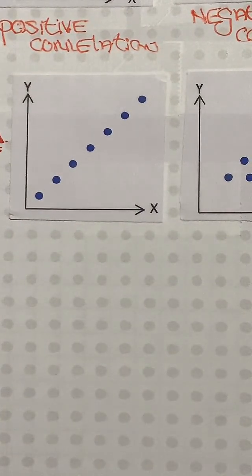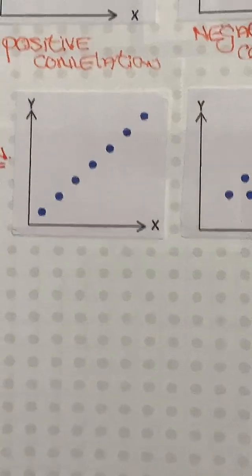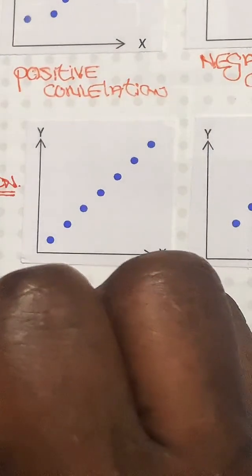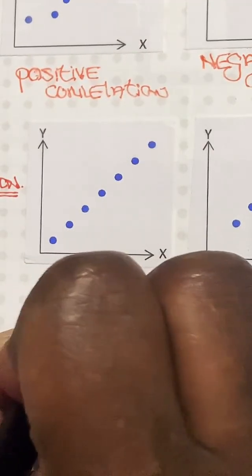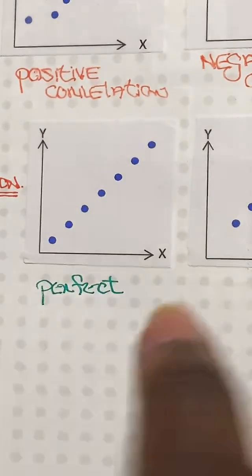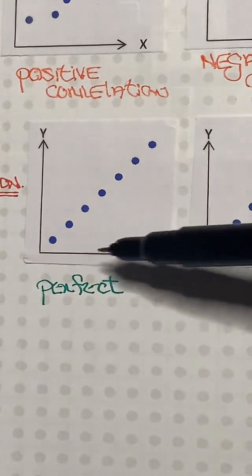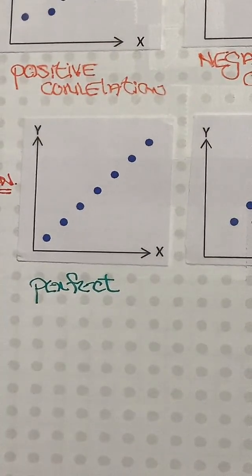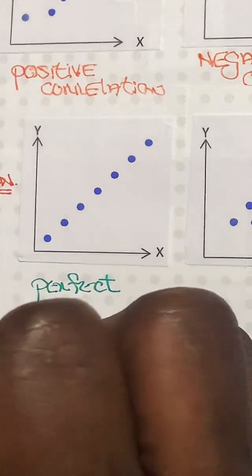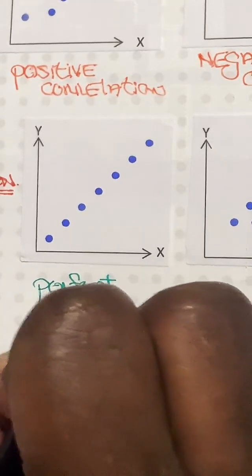Notice I said the word perfect. All right. So this is one of those perfect strengths. And since my x's are increasing, as well as my y's, this is what's considered a perfect positive correlation.